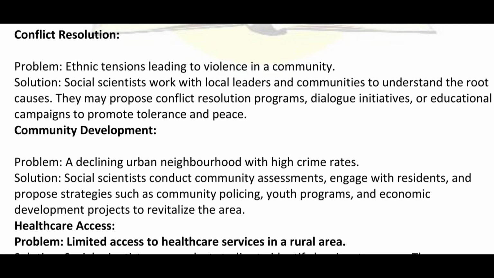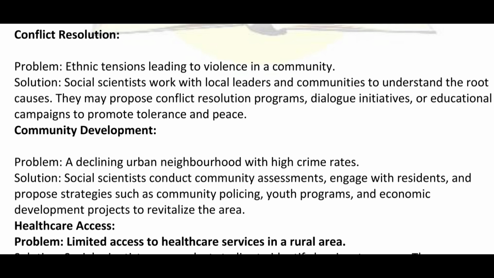So social scientists work with local leaders and communities to understand the root. So the social scientists can go to the affected area and find out what the reason for the riots was, what the root of the riot was, and how it can be taken care of. So for the root cause, they may propose conflict resolution programs.